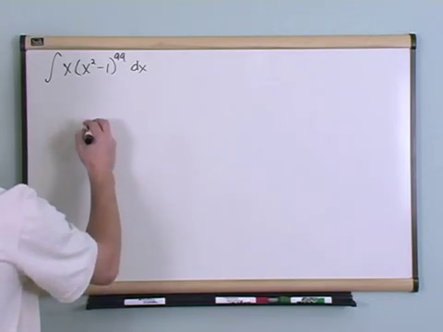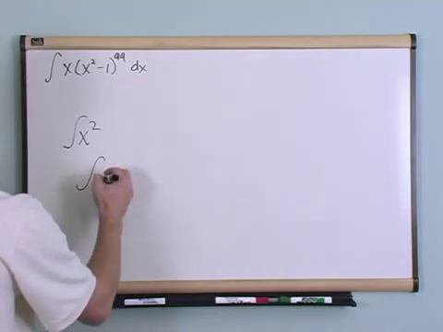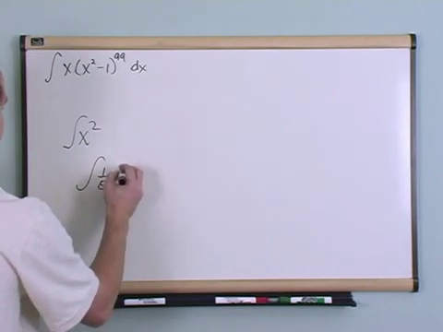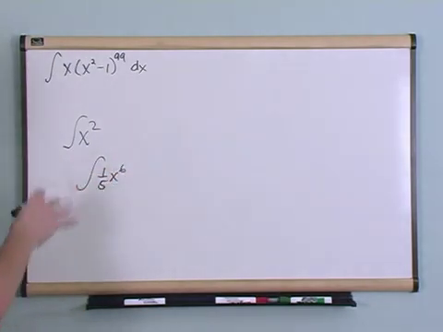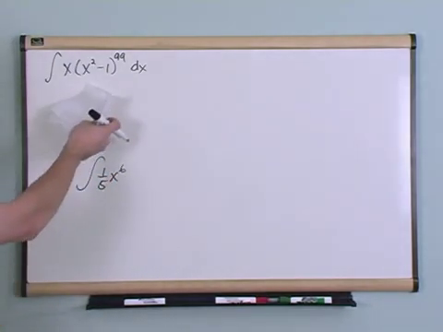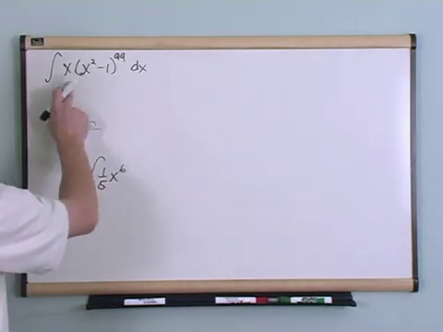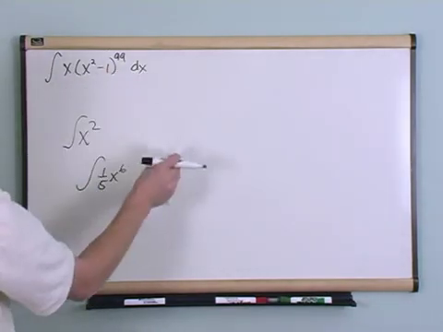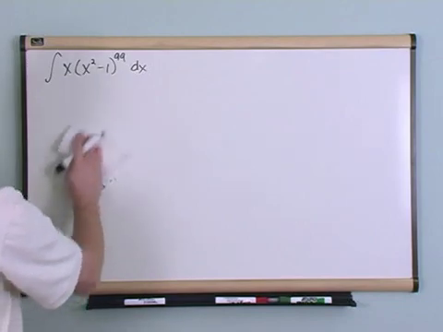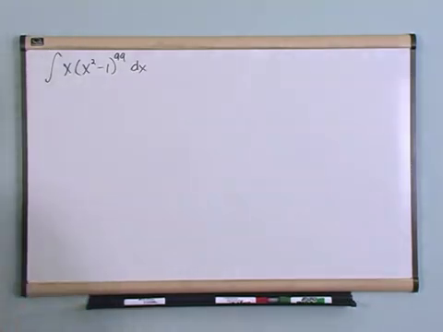I've taught you how to integrate x squared and 1/5 x to the 6th power and stuff like that, the basic kind of integrals. But this is different, and you really can't even expand this because, something raised to the 99th power, you're going to have 99 different terms in there, and it's going to become a mess. So you technically could do that, but it would just take you forever. So how do you tackle this one? Well, we're going to go through some examples, and it's going to be clear.